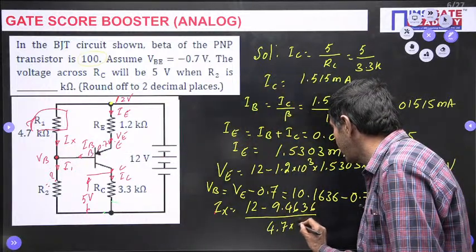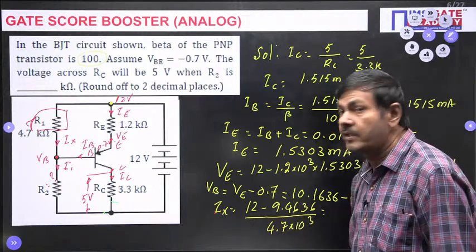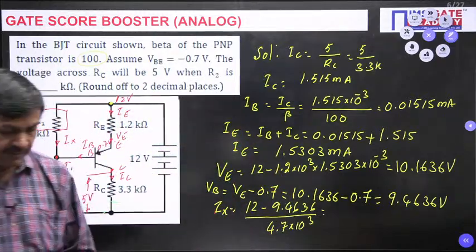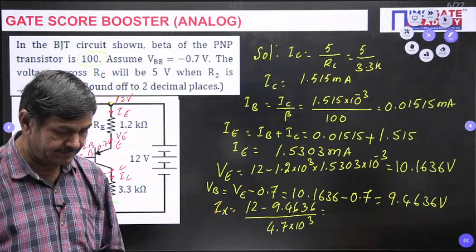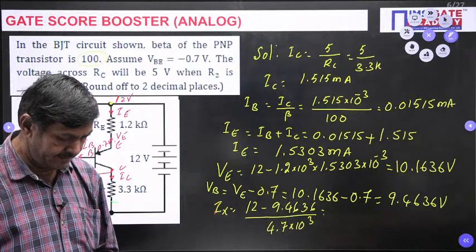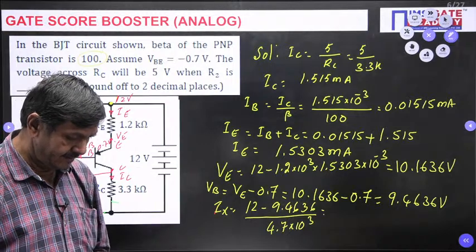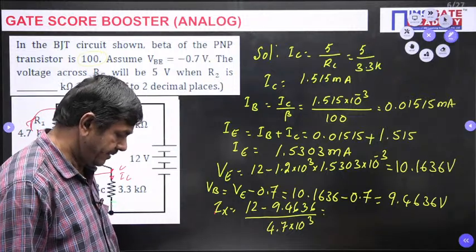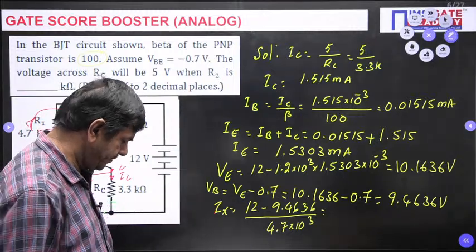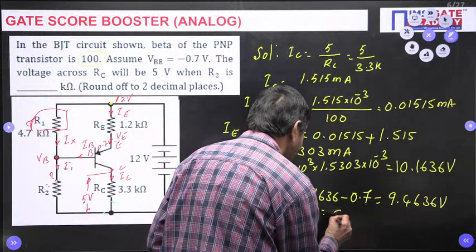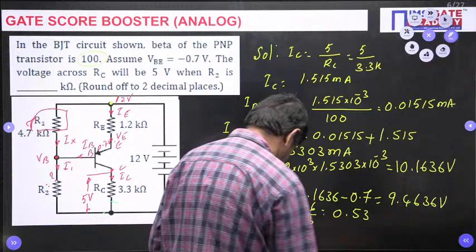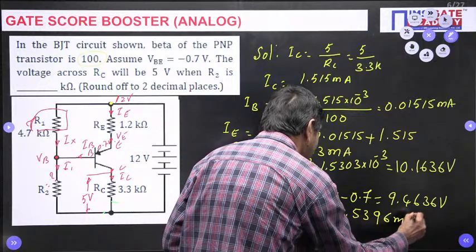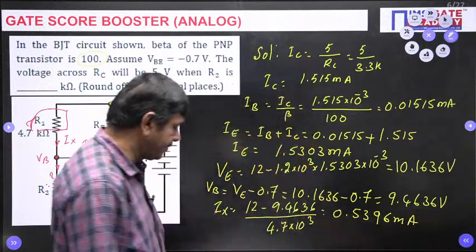Now use the calculator and you will get the Ix value. It comes to 0.5396 milliamperes of current.